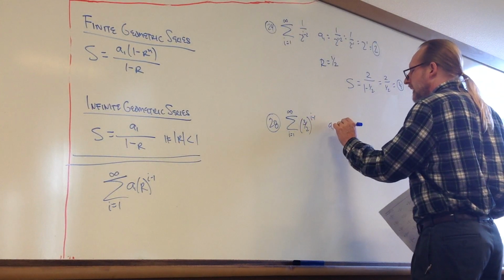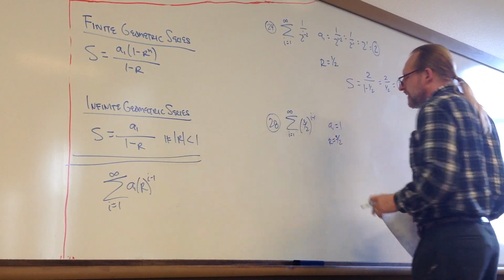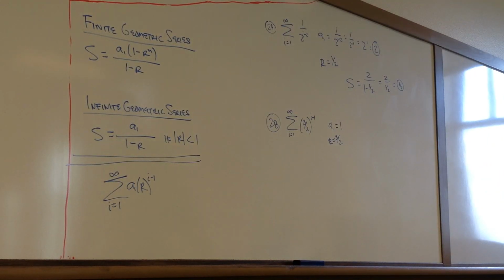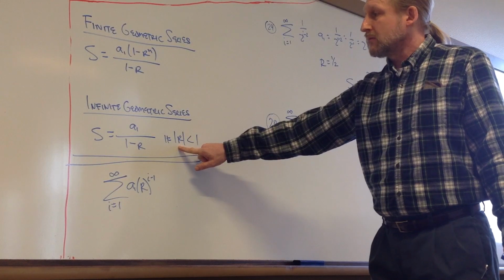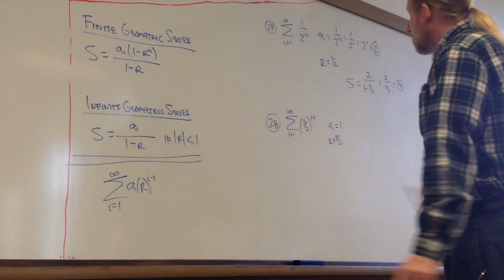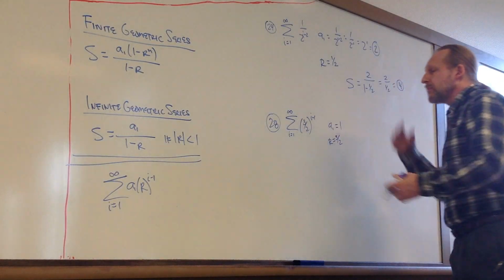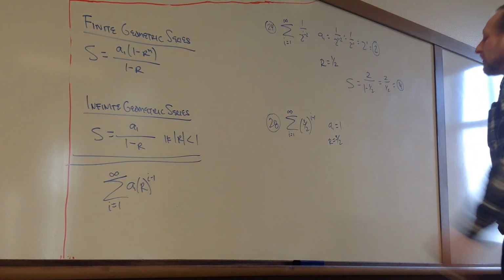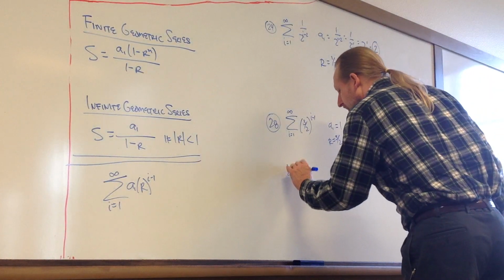So that says that a1 is going to be 1. Our constant ratio is 3/2. So let me just stop here for a minute and point out our ratio is not less than 1. We can't use this formula. This is divergent, okay? If you start adding these terms up, it's going to keep on getting bigger. It's never going to converge to a particular value. So we'll write divergent.